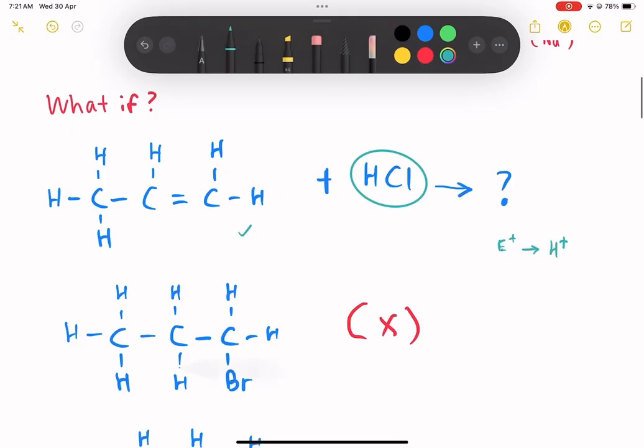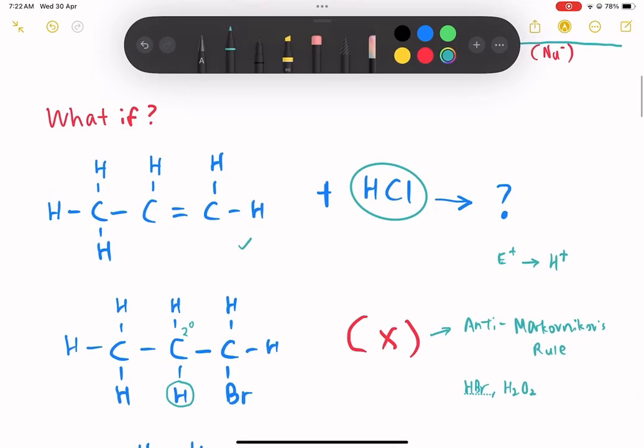If you are going to add to here, which is the secondary one, it will be another rule called anti-Markovnikov's rule. And the reagent used is HBr, H2O2, hydrogen peroxide.